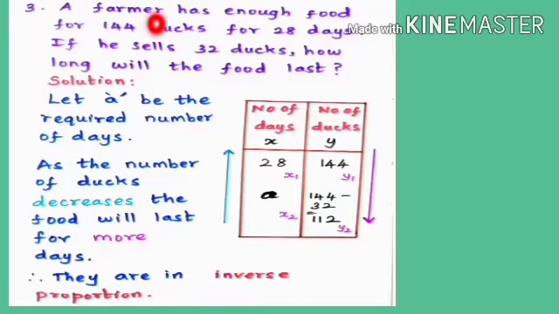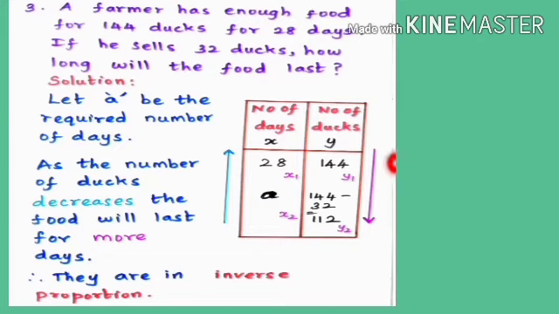Problem: a farmer has enough food for 144 ducks for 28 days. If he sells 32 ducks, how long will the food last? So here in this problem, a farmer has food for 144 ducks for 28 days. If he sells 32 ducks from 144 ducks, now he has 144 minus 32, which is 112 ducks.